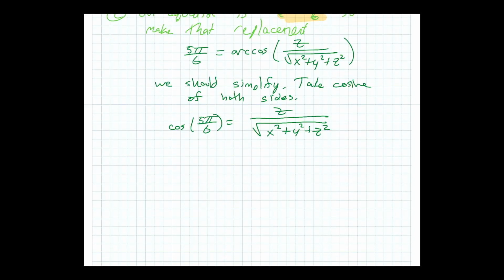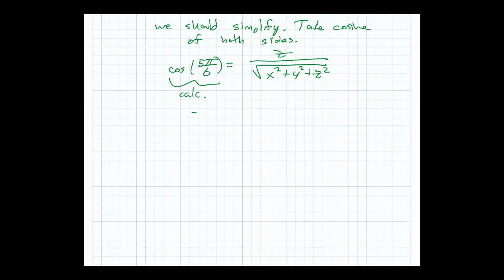Then you can calculate the cosine of 5 pi over 6, on the calculator or just by hand. What is the cosine of 5 pi over 6? It is negative square root 3 over 2. So you get this.